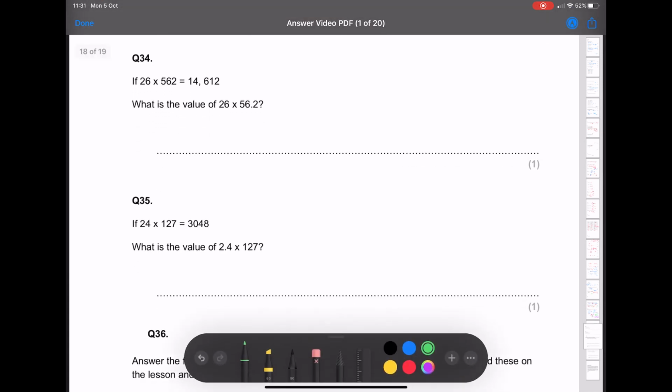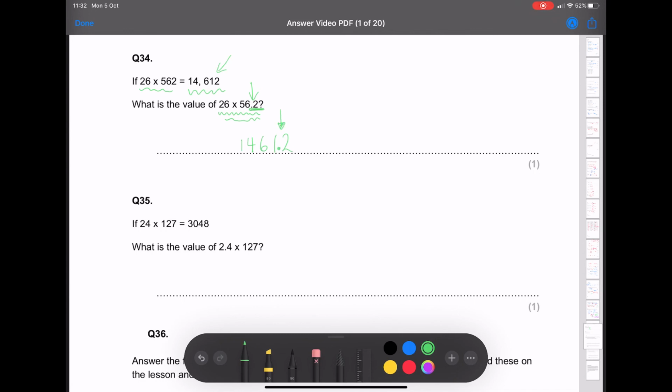If 26 times 562 equals 14,612, what is the value of 26 times 56.2? If you look at this question here, the only difference between this question and this question is that there is a decimal place here, 1 place in, which means our answer will be exactly the same as their answer, except with 1 decimal place in.